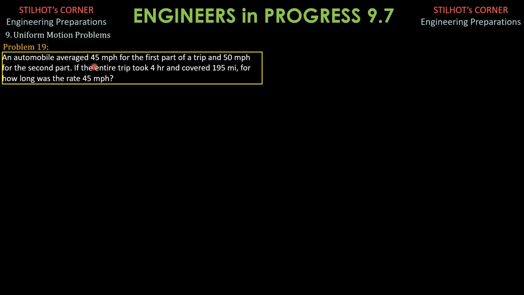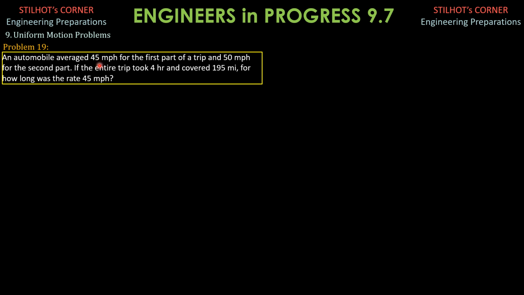One, the average speed is 45 and the other is 50 miles per hour. And we do not know the time it took for the first part of the trip, but the total time is 4 hours, so the time in the second part of the trip would be 4 minus the time in the first part of the trip.